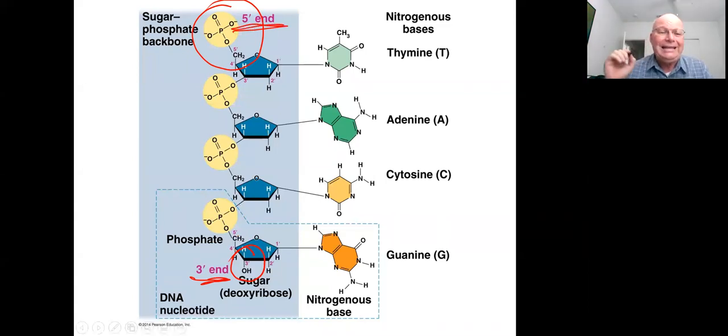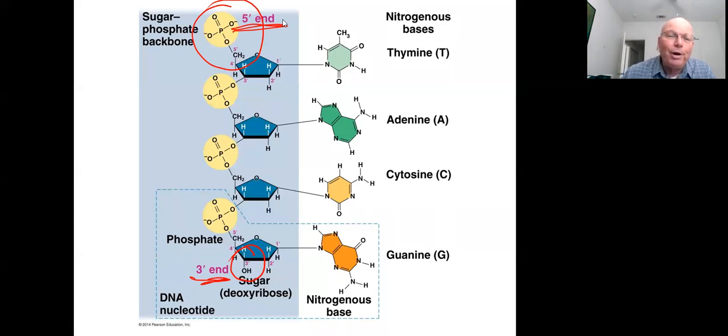So there is an endedness, if that's a word. I suspect it's not, but hey, what does it matter? You can create your own words at times. There is an endedness to the strand. There is a clear 3' end. That's where you've got the hydroxyl group attached to the 3'.